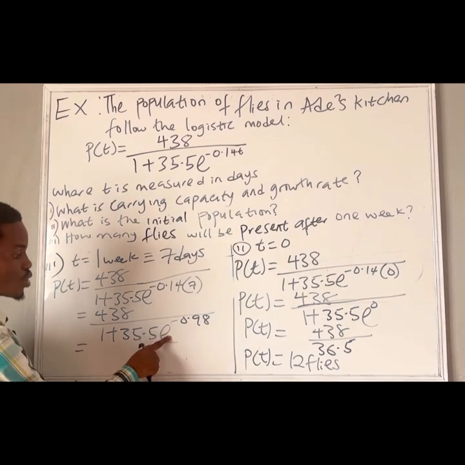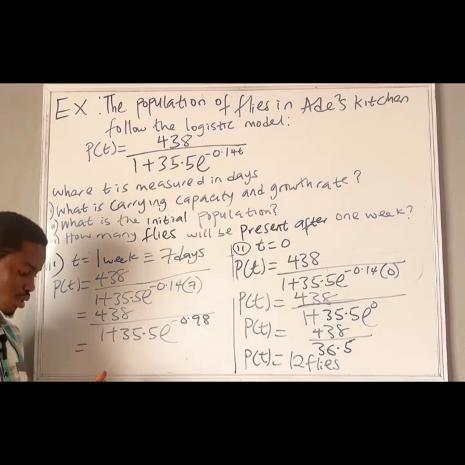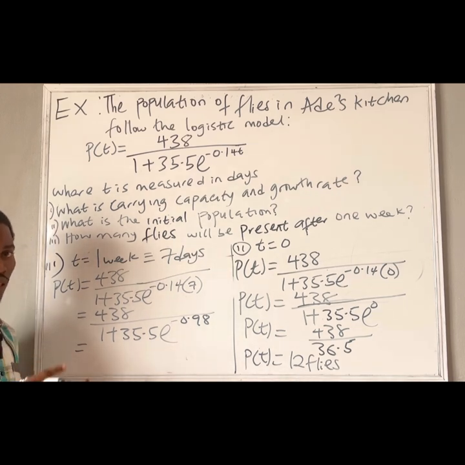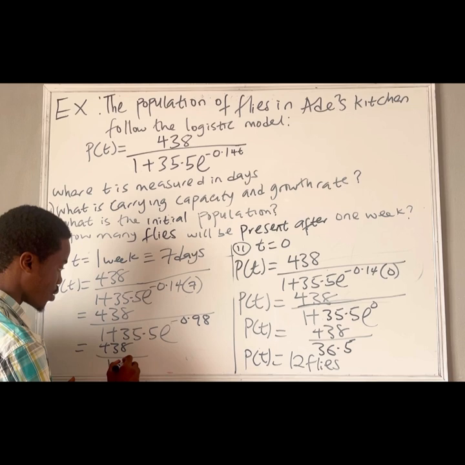If you take the exponential of negative 0.98, we get 0.37. The number is irrational, so take it to 4 decimal places: 0.3753.